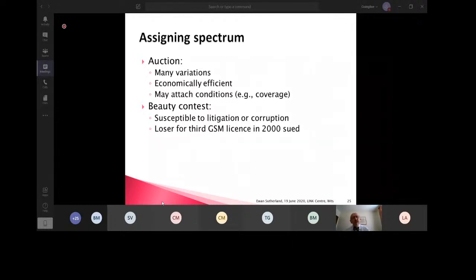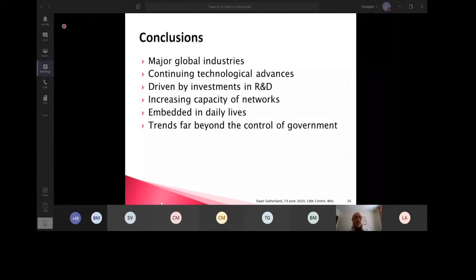So it becomes a question of how do you assign spectrum to particular players? The challenge as a government, as a parliament, as a regulator, is that these are global industries. The technological advances are going to happen. They are driven by large-scale investments in research and development.